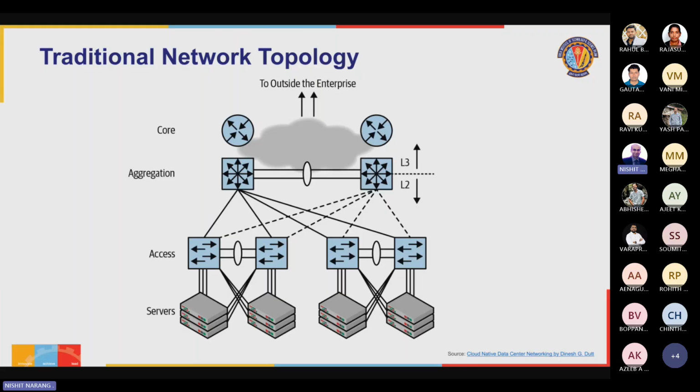Okay, so let's start with the traditional data center networks, what existed in the 2000 to 2005 period, when the majority of the traffic was client-server traffic. The data center used to be more of a private enterprise data center. The servers used to be primarily physical servers, and virtualization was not so much of a thing.